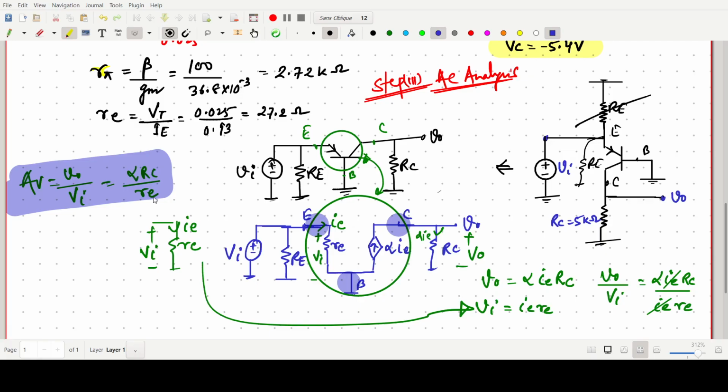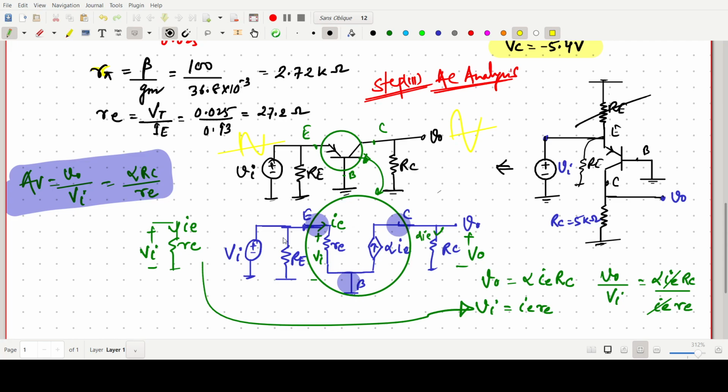find the AV. Here we have to note that if the input signal is sinusoidal, having the same phase, there is no opposite change in phase. But in case of common emitter configuration, the phase will be changed.